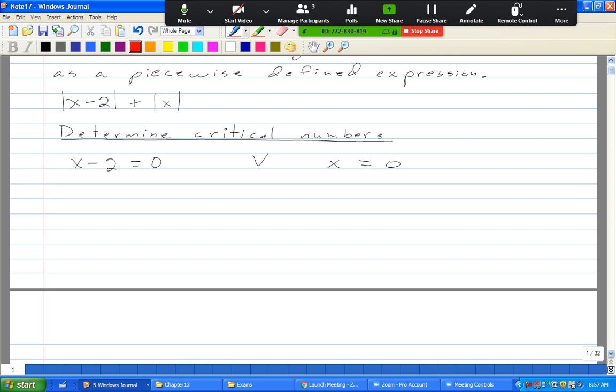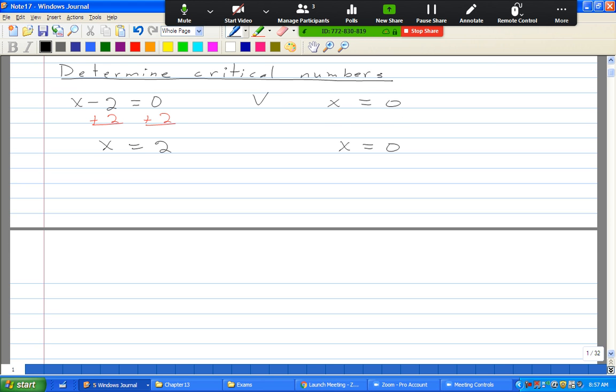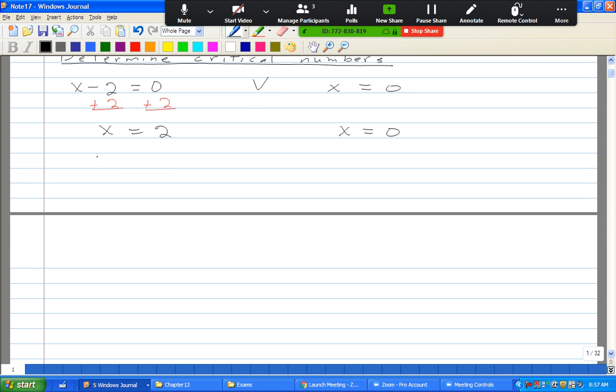So let me add 2 to both sides of my equation. So I get x is equal to 2, and I get x is equal to 0. So these are my critical numbers. Then I'll place those critical numbers on the number line.